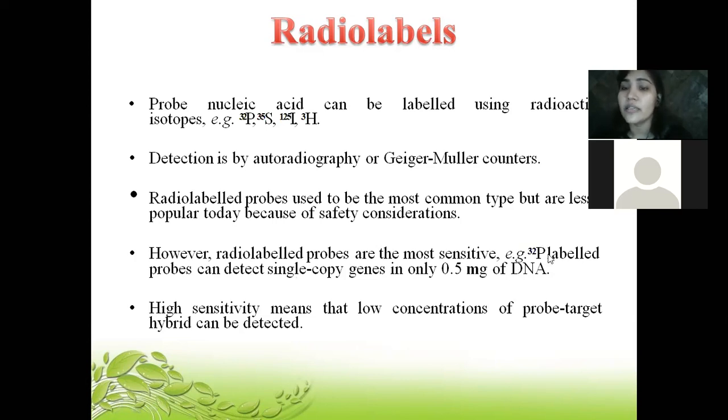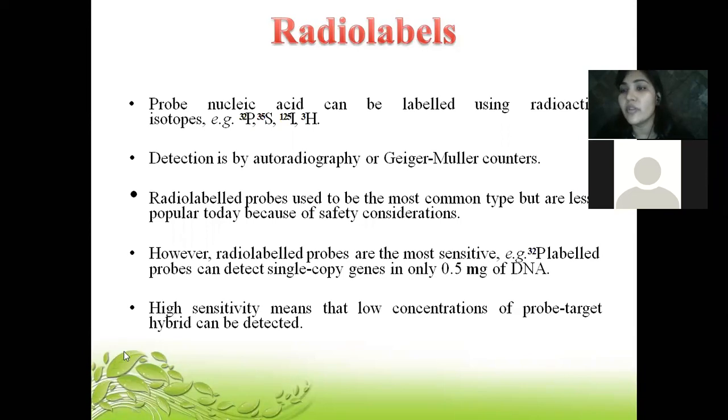So 0.5 milligram is a very small amount of DNA. So if radio labeling can detect that much, it means this particular method of radio labeling is very sensitive. High sensitivity means that a low concentration of probe target hybrid can be detected.